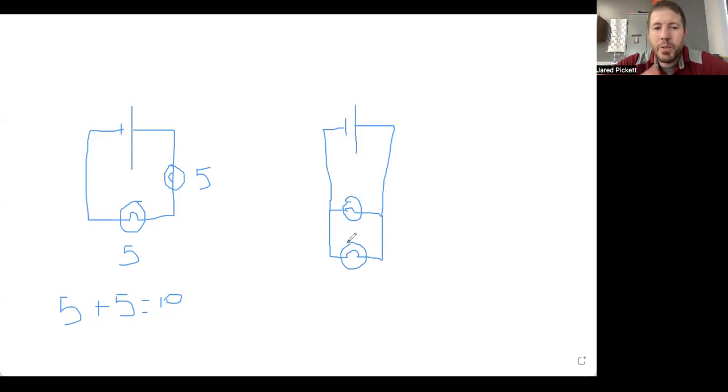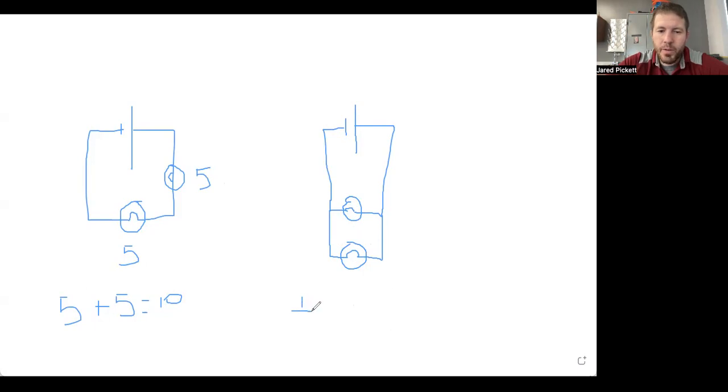So I've got the same two light bulbs that were over here, each one of them having a resistance of 5. But when we draw the circuit in an orientation that looks this way, our resistance changes. And so our formula, instead of adding R1 and R2, looks like this.